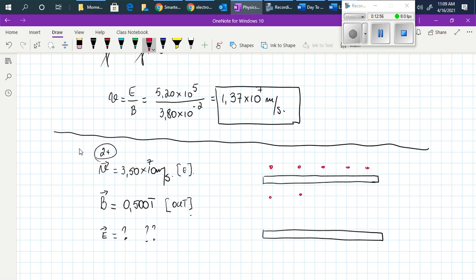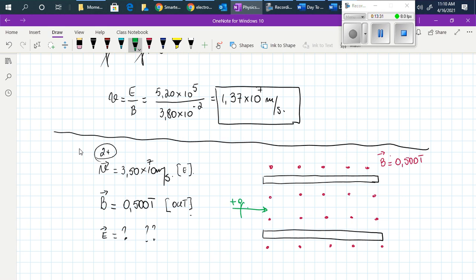It's a uniform one, with a magnetic field of 0.500 Tesla out of the page. And then we have a positive ion, we know it's +2, that is entering east.